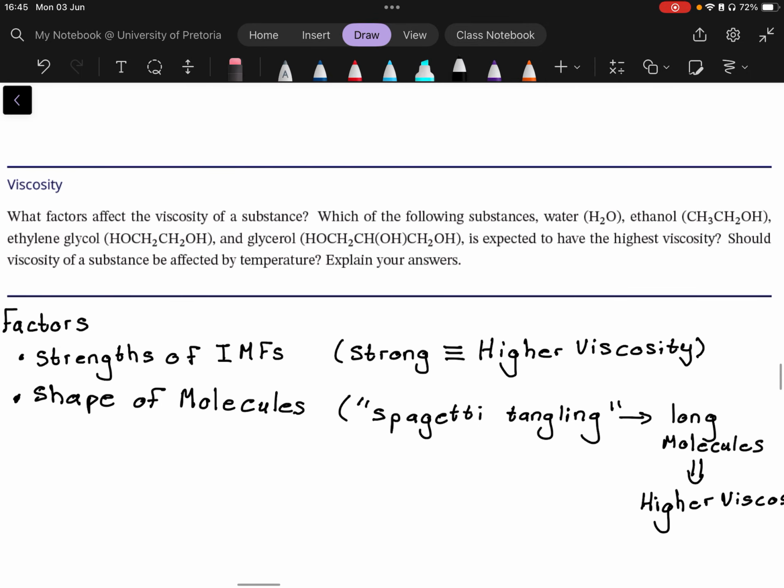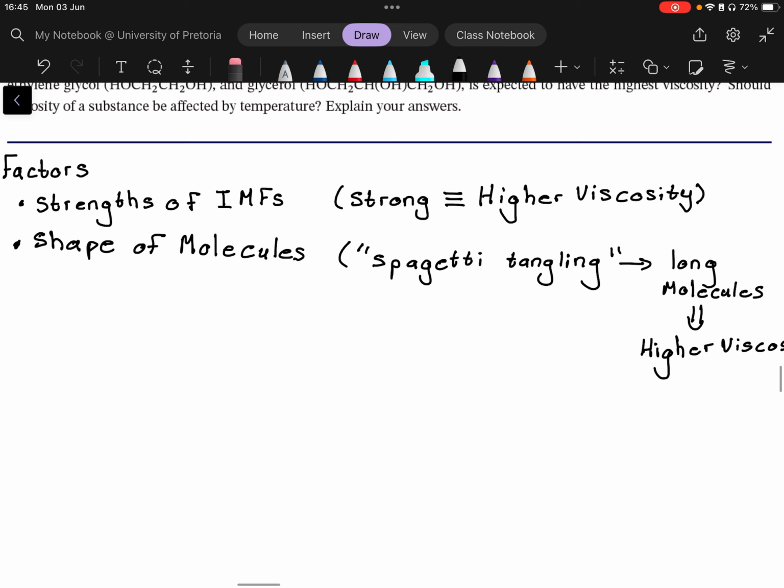All right, so then we're asked, water, ethanol, ethylene glycol, and glycerol, which one has the highest viscosity? And should viscosity be affected by temperature? Let's answer the last question first.